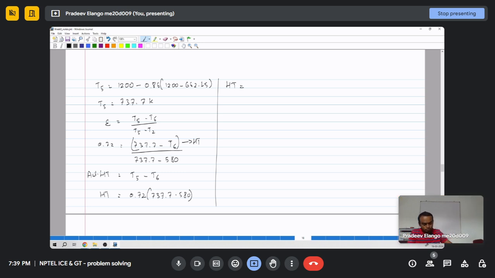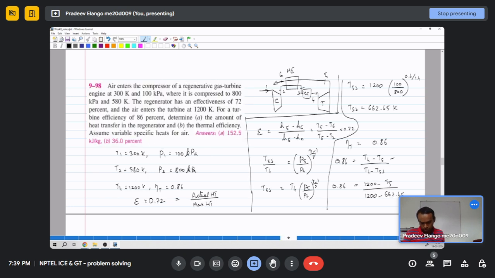Sir, 113.54. This is in kilojoules. Okay, sorry, I think this is just a temperature difference, delta T, which is 113.54, and for heat transfer we need to have m Cp delta T. Is there some mass flow? There's none.